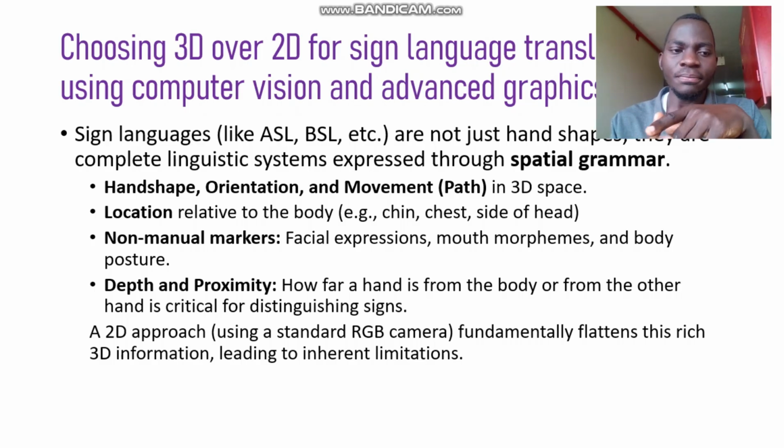They are complete linguistic systems that use parts of grammar, for example the hand shape, the orientation, the location, the manual markers, and the depth and proximity. Facial expressions, the way the mouth moves, and even the body cannot all be captured using 2D.